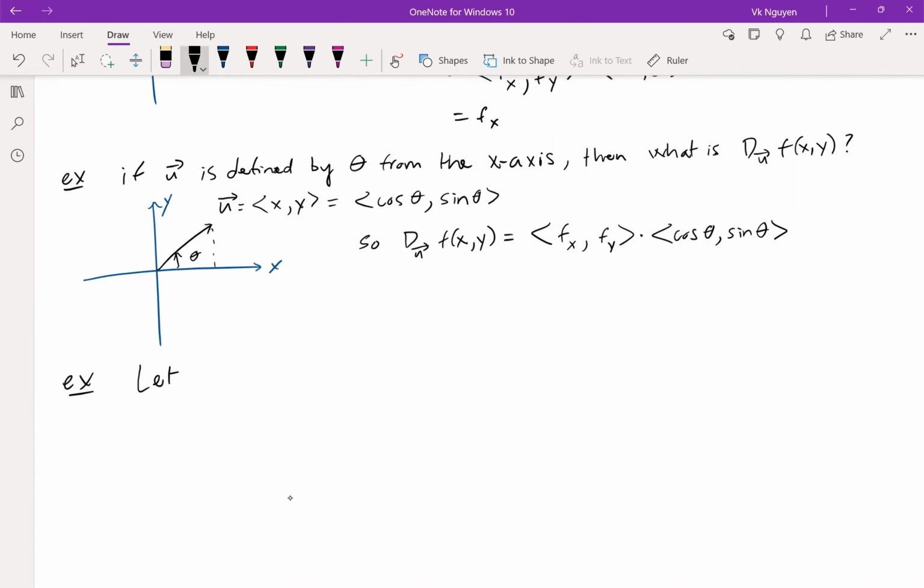Let f(x,y) equal x squared plus 2xy minus y to the 3.